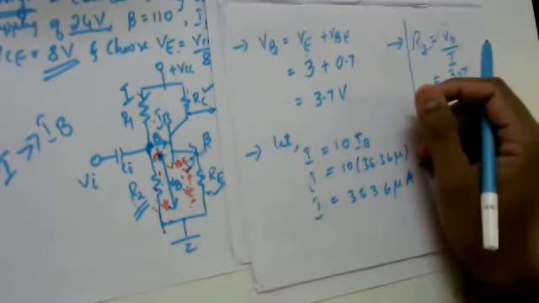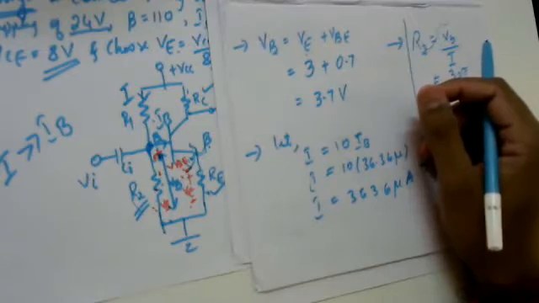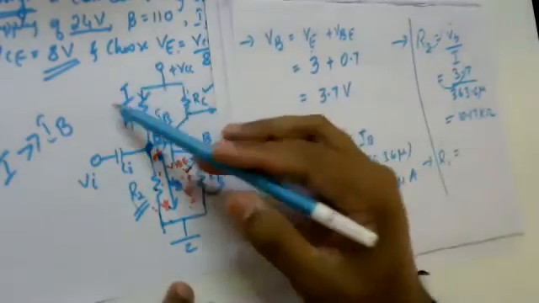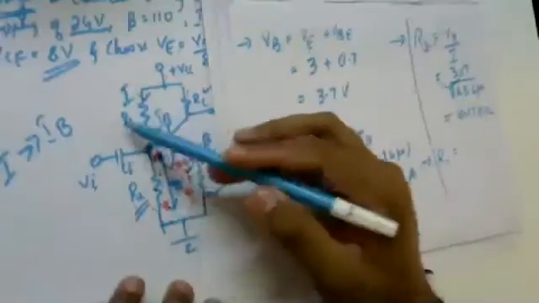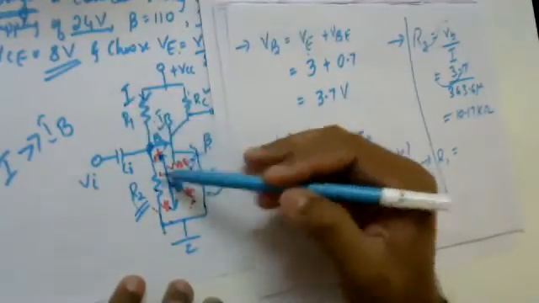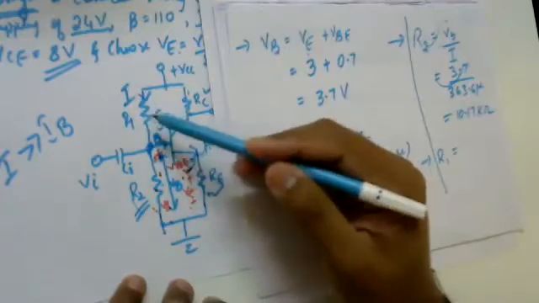VCC minus VB divided by, yes, Pooja Bhagwe is correct. But Pooja, I would like to have some explanatory note about this I. I want some clarity about it. You have to see the circuit.